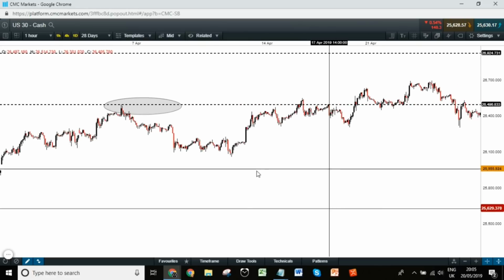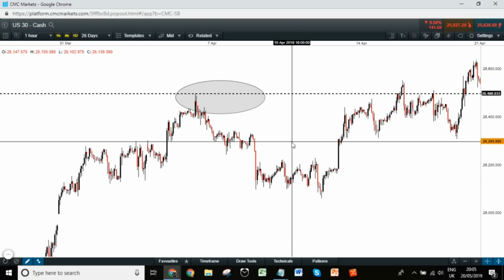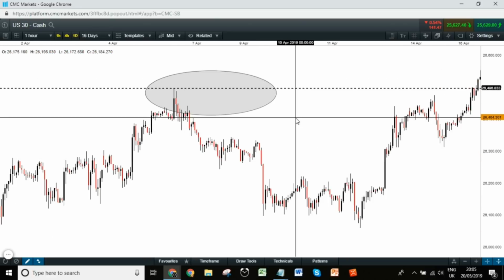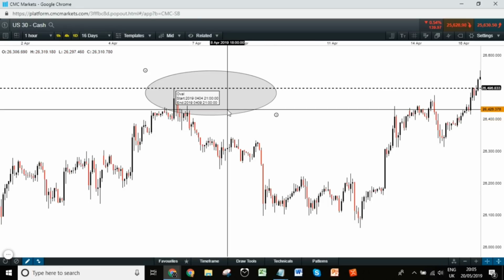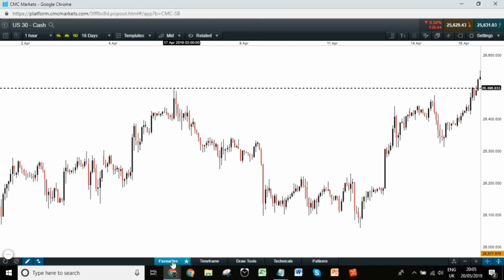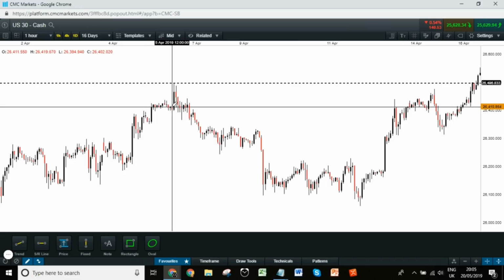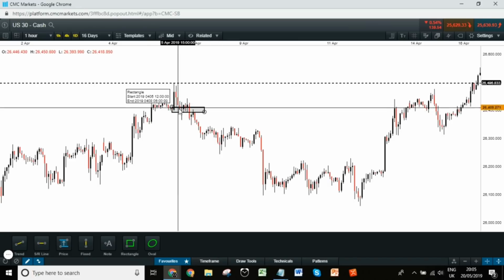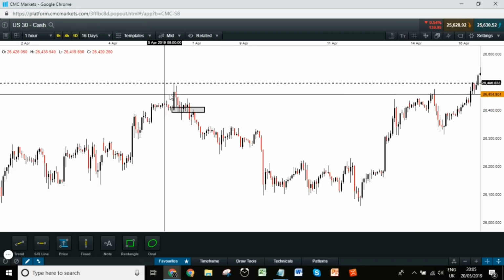And again, we're dealing with multiple levels of supply and demand, right? So a few things. Number one, there are multiple levels here before it actually touches this. We've got one here, just before it goes in, there's a bit of resistance, boom, breaks through, but then there's nothing up here that shows us, right?